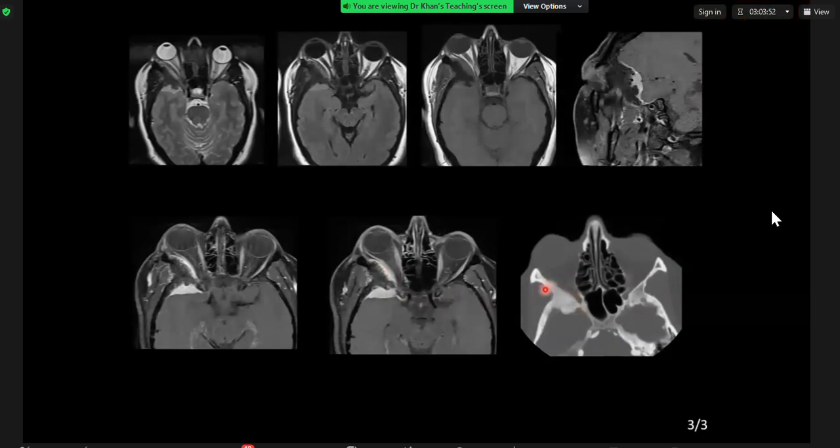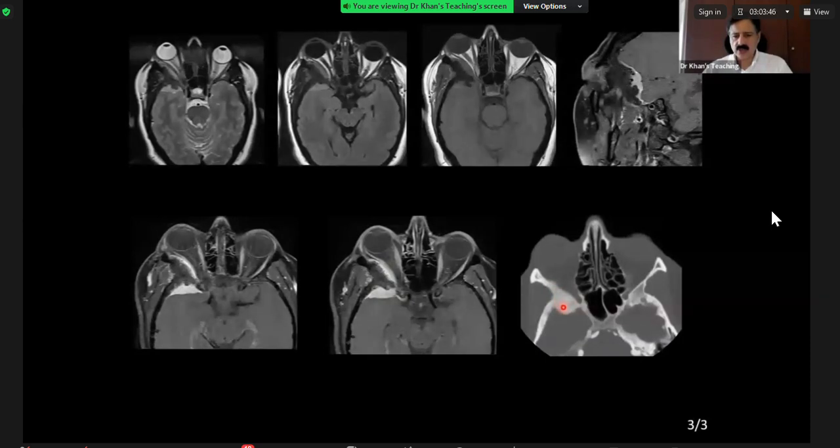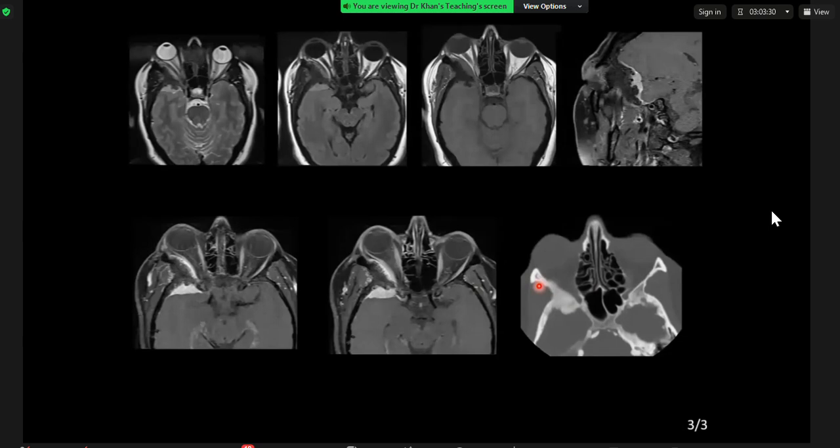And there is a secondary response to it, because of which there is hyperostosis. So once you know this, then all is fine. So this is hyperostosis due to a meningioma.